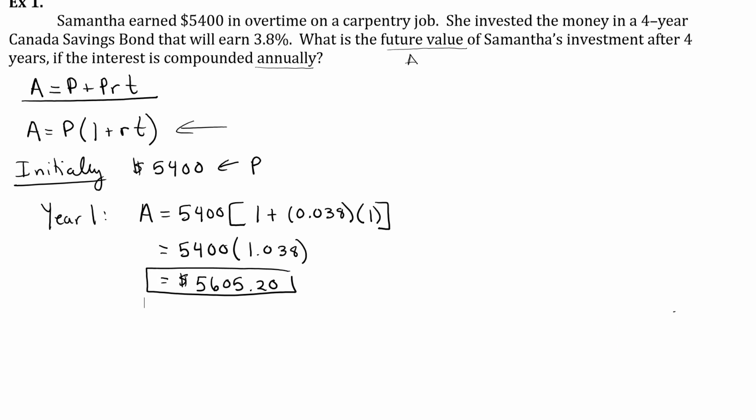Now I just want to draw your attention to something. This is going to sound really silly. 5,400 times 1.038 is 5,605.20. Okay, I might feel silly right now, but you'll see where I'm going with this.